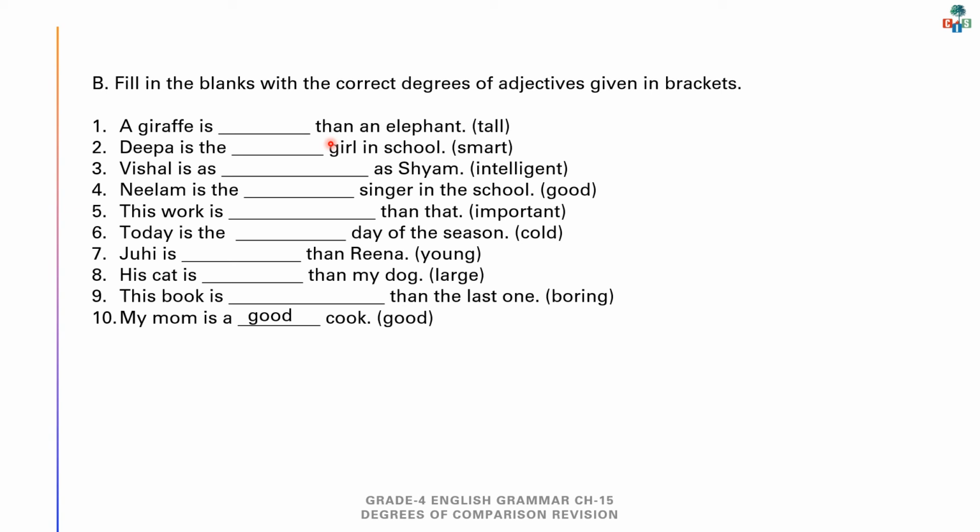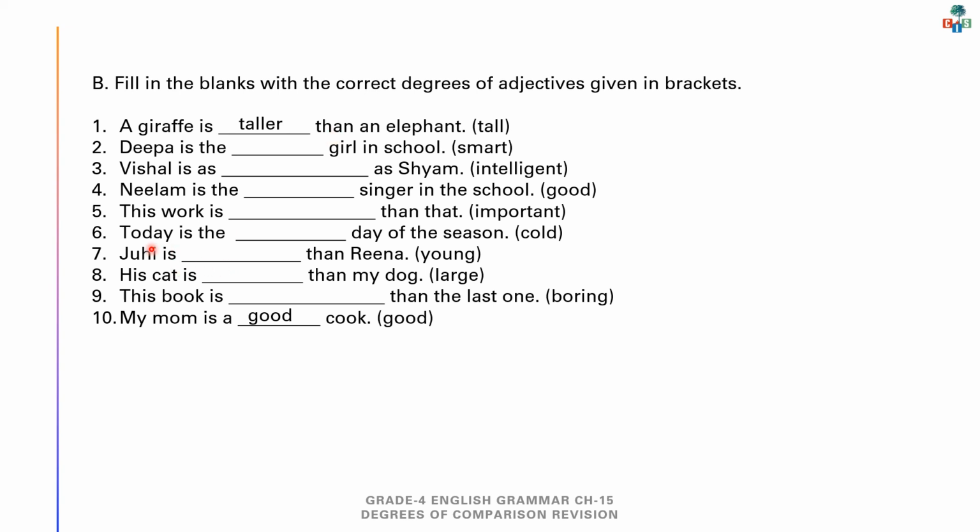Yes, with comparative degree. So, for this adjective tall, the comparative degree will be taller. Yes, a giraffe is taller than an elephant. So, try to read the words which I have used in the blanks.